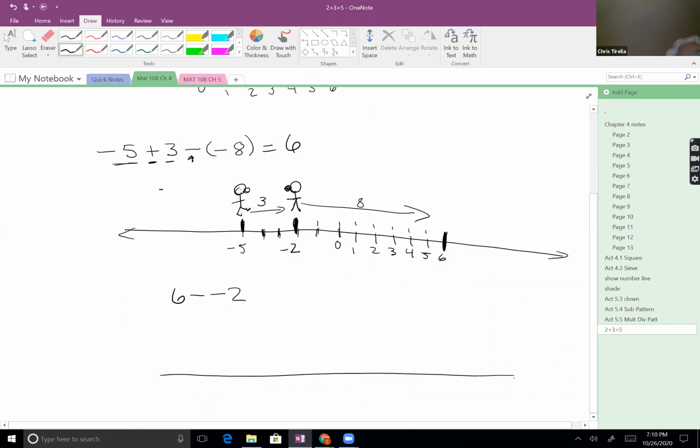That'll be 8. So my clown's going to start on 6. I'm subtracting, so he's going to face left. And it's a -2, so he's going to go backwards 2. And so our final answer is 8.